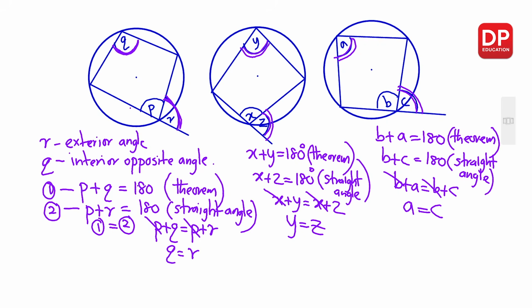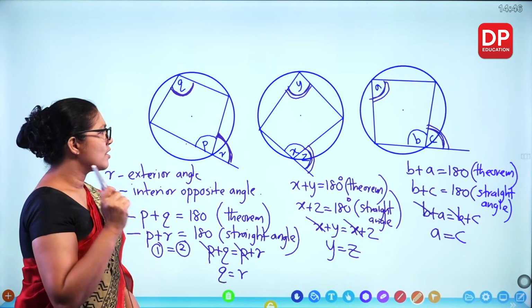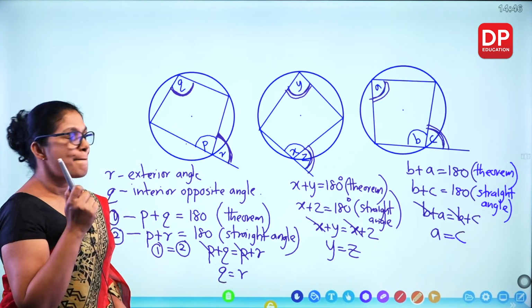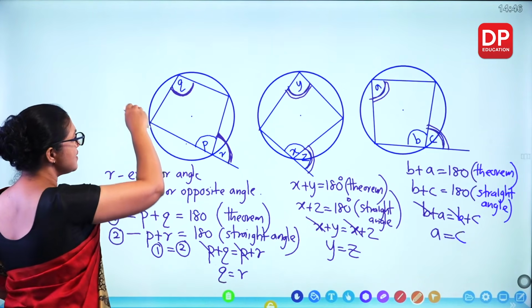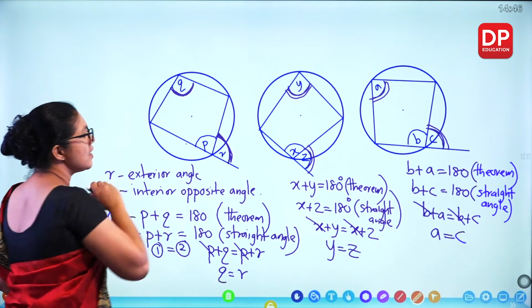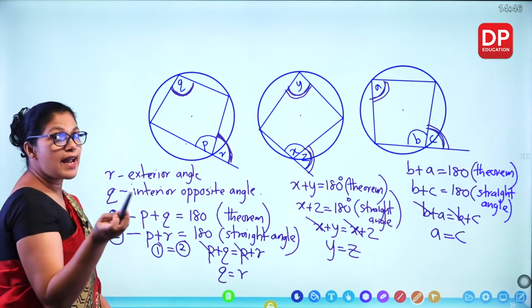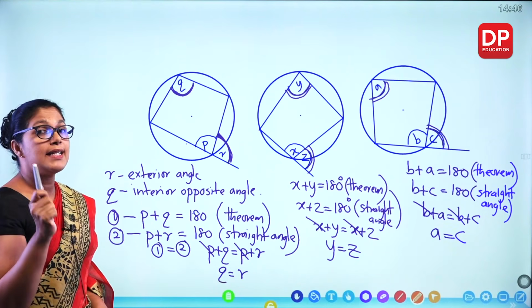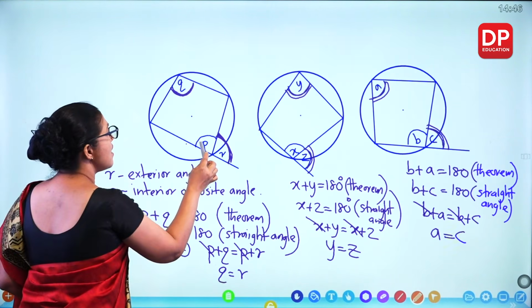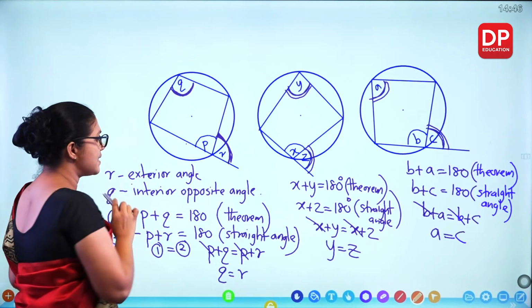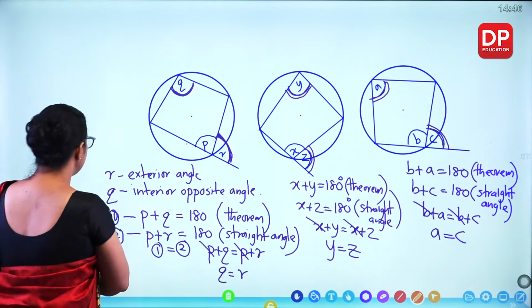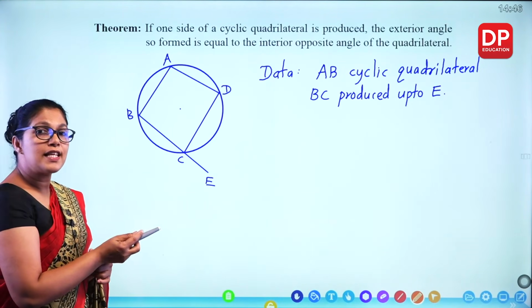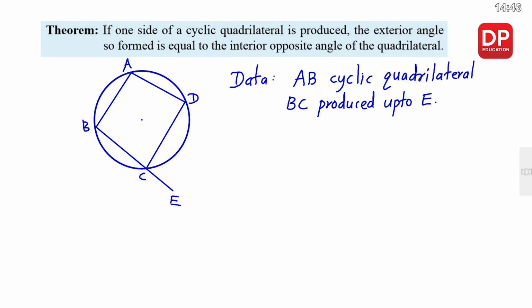From these three examples, what have you noticed? In a cyclic quadrilateral, when one side is produced, you get the exterior angle. So the exterior angle is equal to the interior opposite angle. That's another theorem in cyclic quadrilaterals.